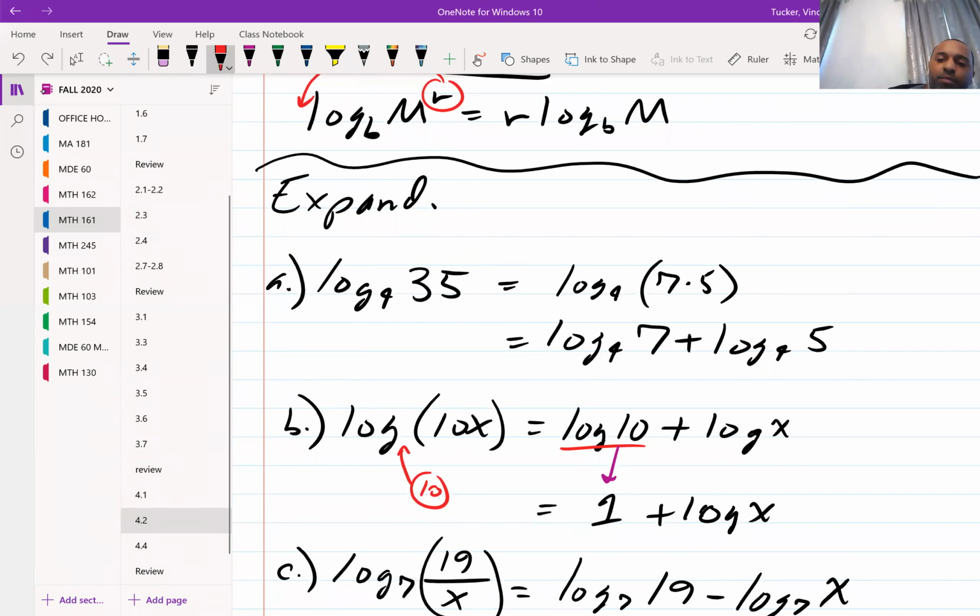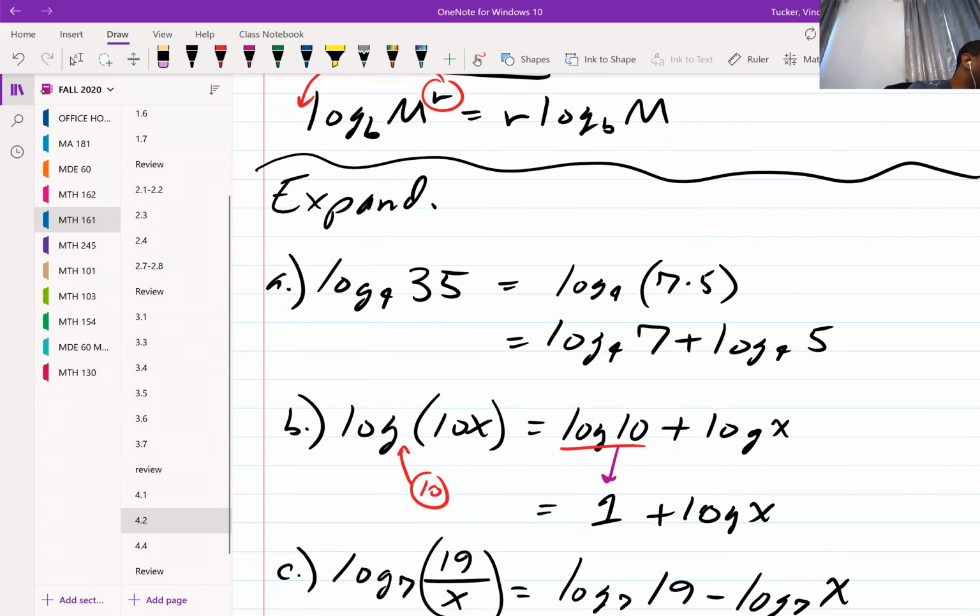So that's the reason why I didn't break it up into log of 2 times 5 like I did up here. So this couldn't be expanded or broken down any further. But because you have that base of 10 right here, that's why I took that to log of 10 and then log of x.